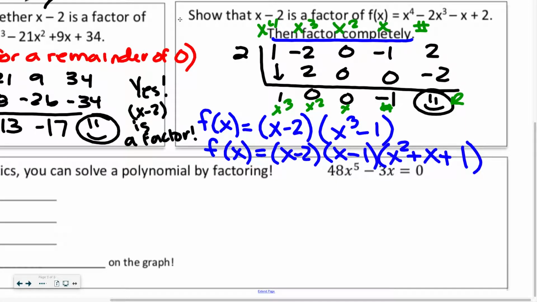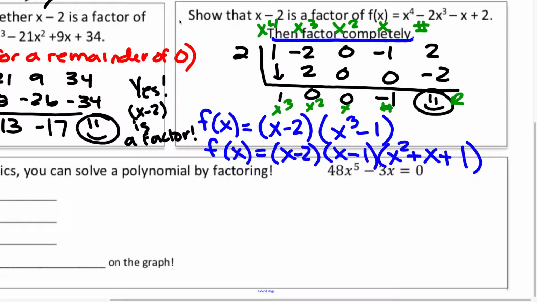Okay. Now you would look that over. Is that factored completely? You might check this quadratic, but we also had a conversation yesterday about the sum and difference of cubes. Does anybody remember what I said yesterday? What would happen to your solutions for this quadratic part of the sum and difference of cubes?